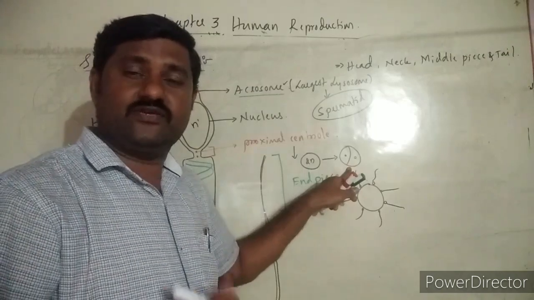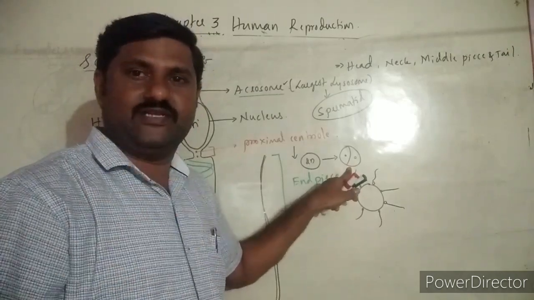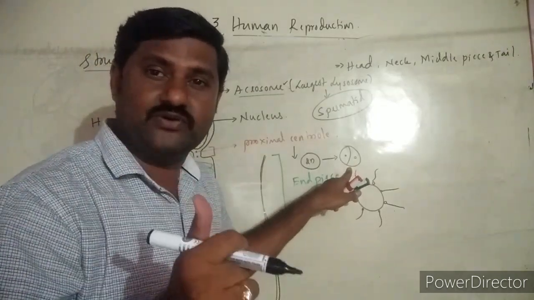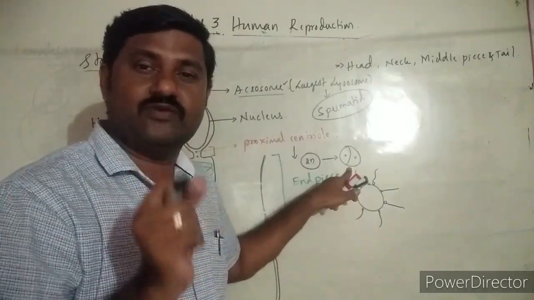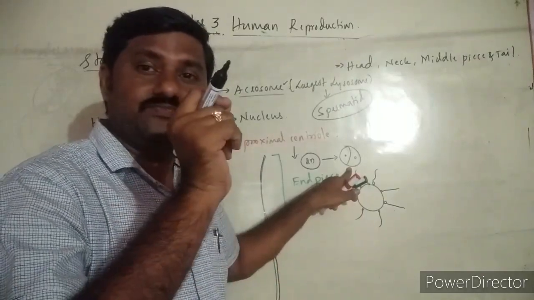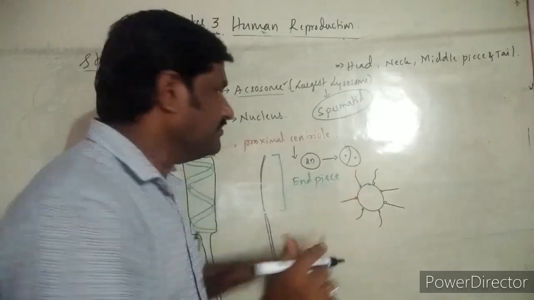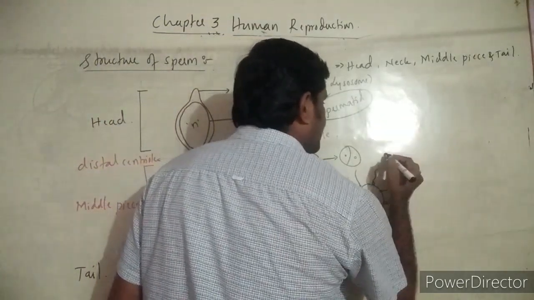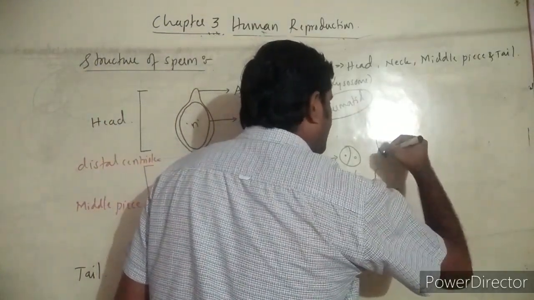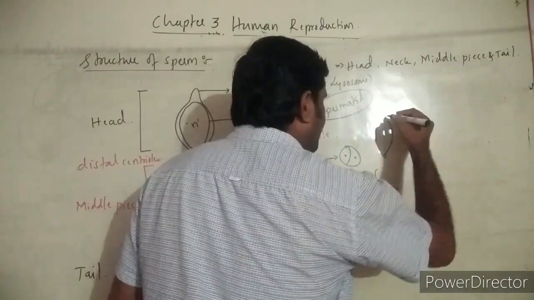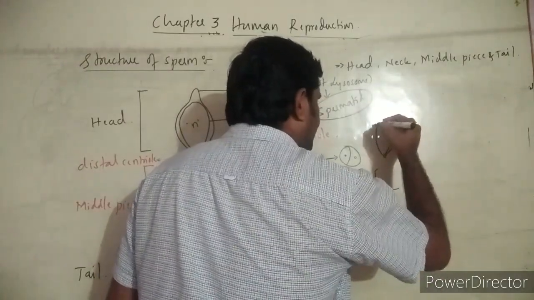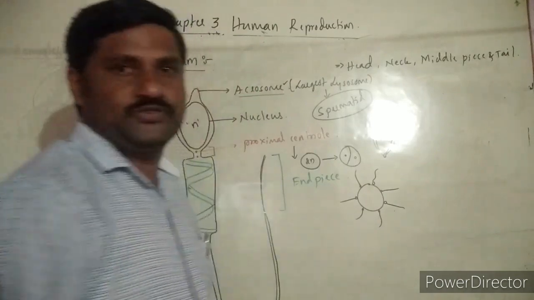For mitotic division, what is needed? Centriole is needed. What is the use of the centriole in mitotic division? This is one centriole, this is another centriole. What are formed over here? Spindle fibers are formed for carrying the chromosomes.